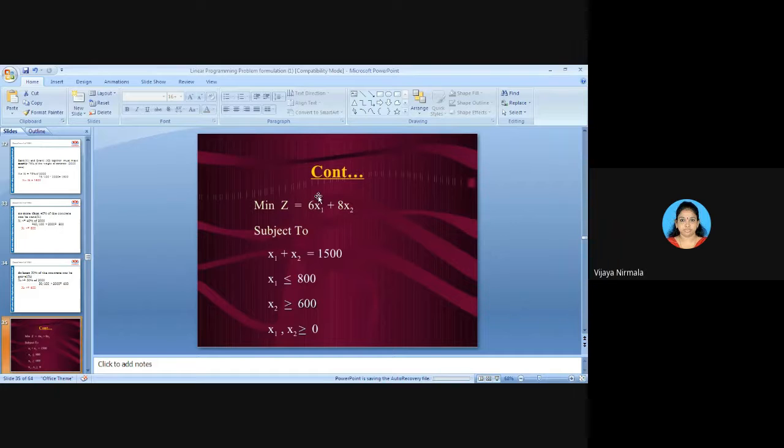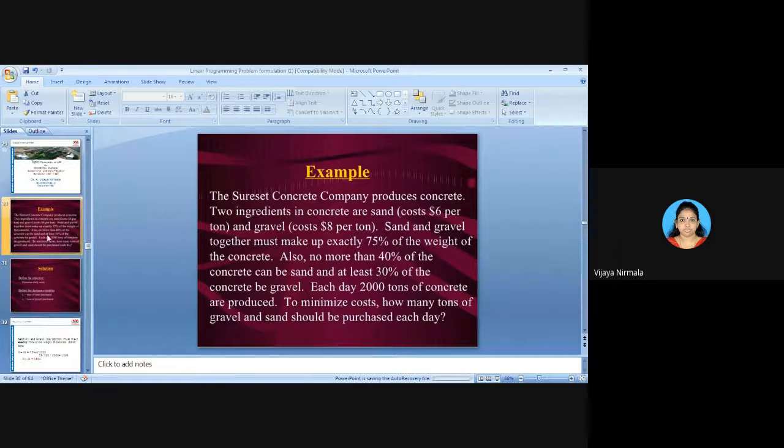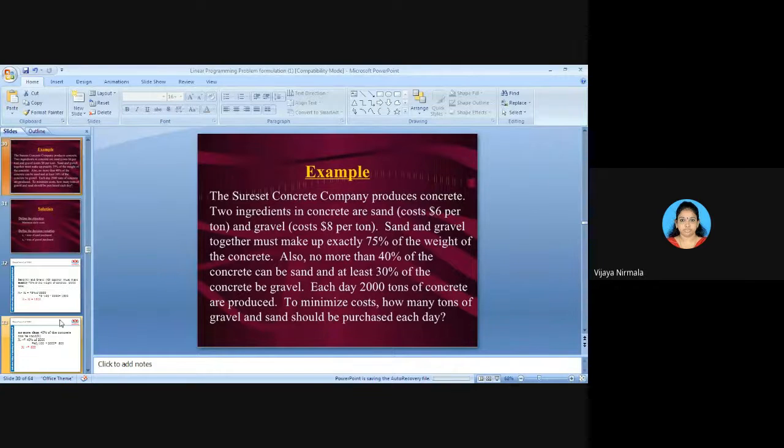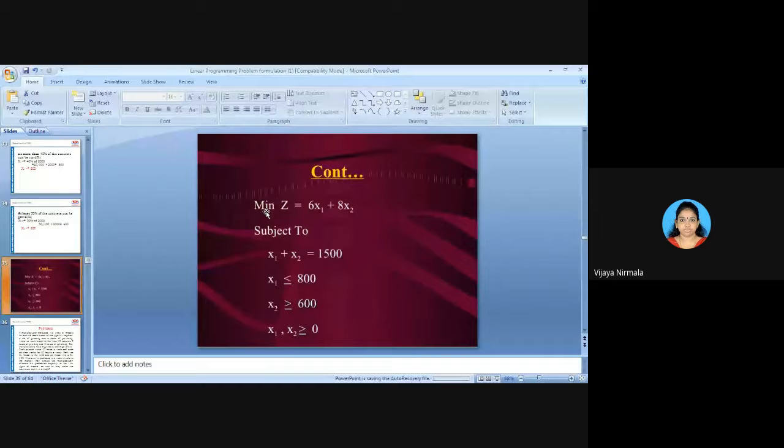What is here 6 and 8? See in the problem, already in the brackets they have given the cost of sand and gravel: 6 and 8 rupees per ton. So, we will write minimize Z is equal to 6x1 plus 8x2.